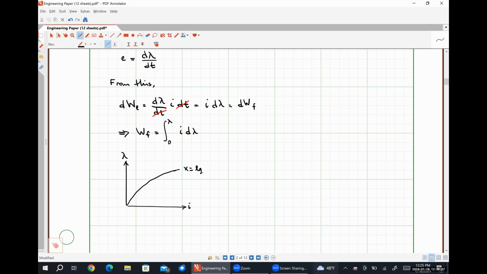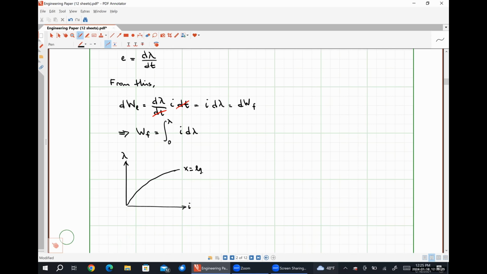So the first thing that I want to do is actually talk about where we've seen effectively this exact same graph before, okay? Do any of you guys recall BH curves, right?